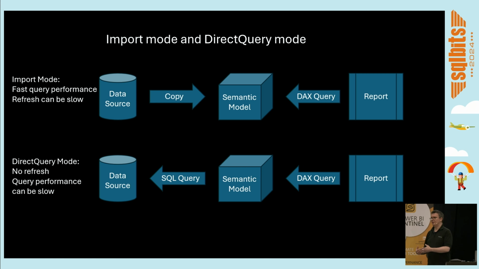So it would generate queries against the data source. Most of the time, those queries would be SQL queries, not always. Not all data sources speak SQL, but the semantic model would generate queries against the source, get the data that it needed, pull that back to the semantic model, stitch it all back together again, return the results of the DAX query, and your report ran.